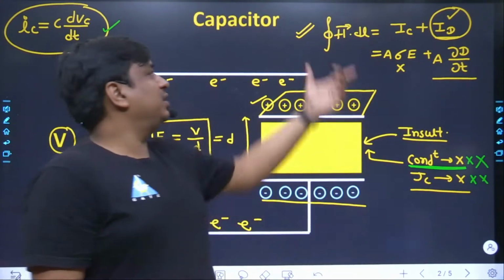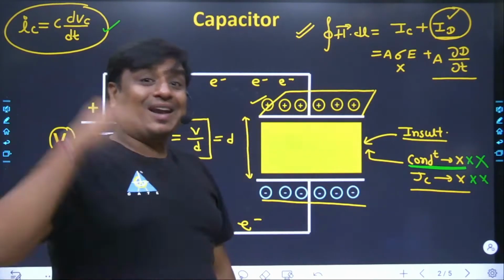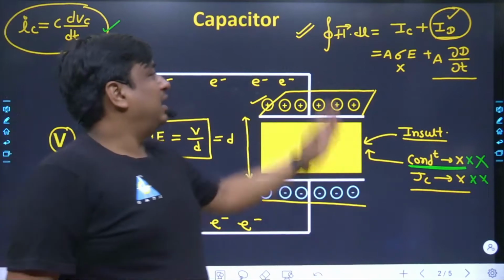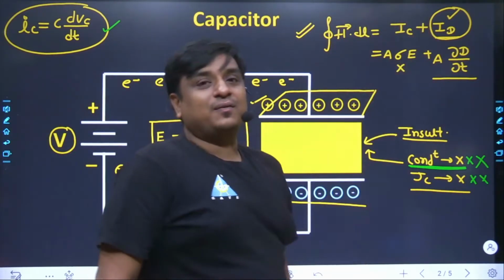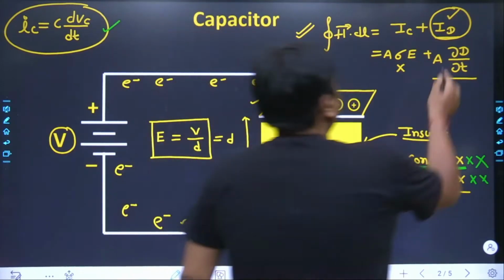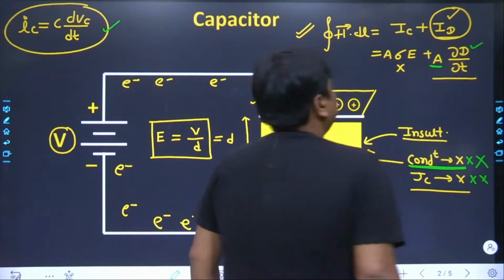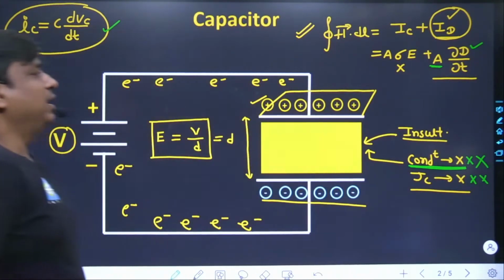They were saying, you have touched such a beautiful equation, crafted by the renowned scientists of that era, and now you do not have any experimental proof. But how was ID defined? ID was defined as A, the cross-sectional area, times the rate of change of electric flux density.